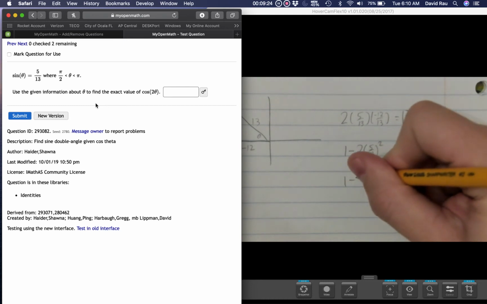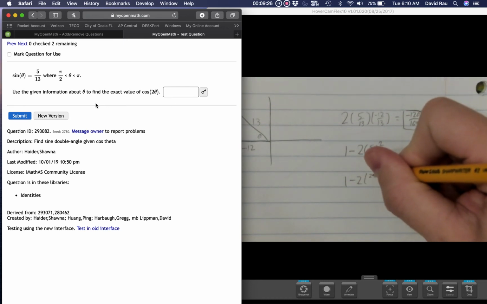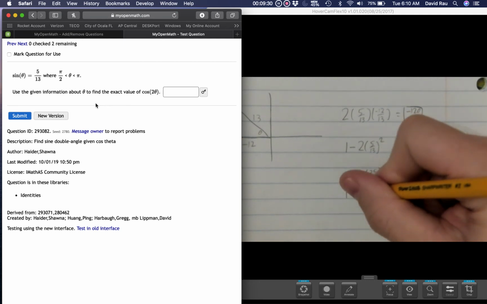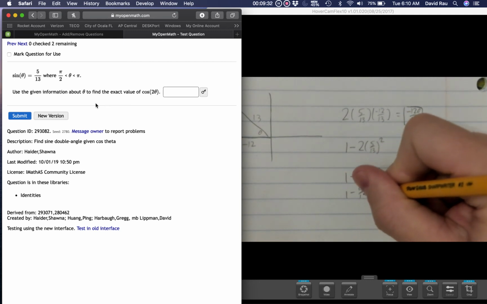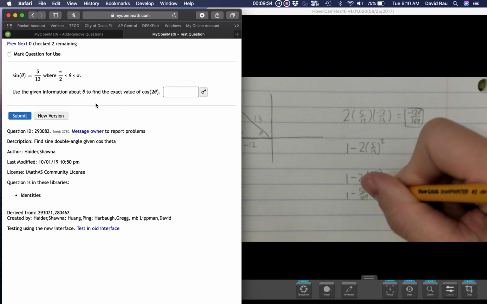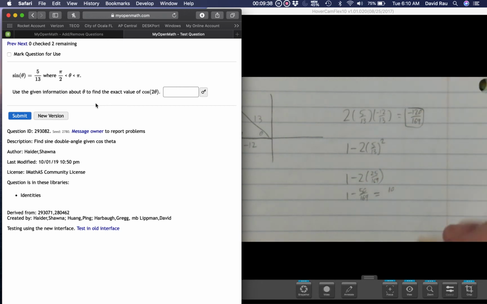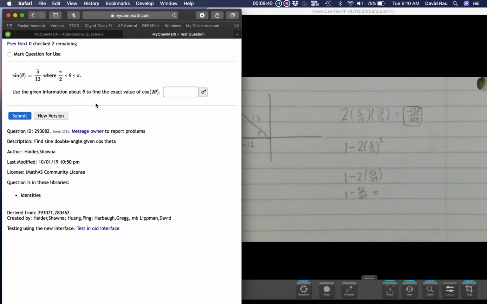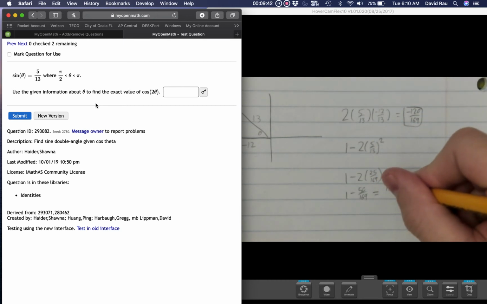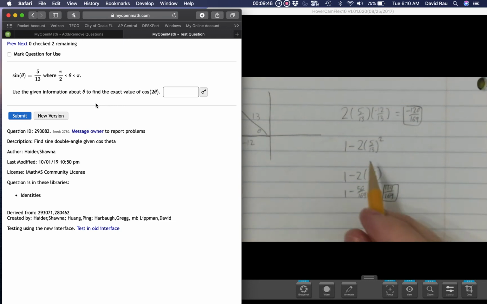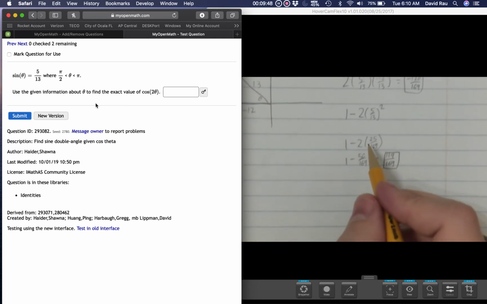That will be 1 minus 2 times 25 over 169. That will be 1 minus 50 over 169. And that will end up being 119 over 169. So that's cosine of 2 theta. Again, you could try it with another formula and verify that.